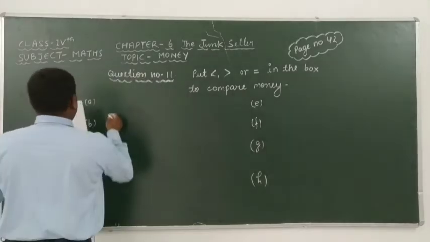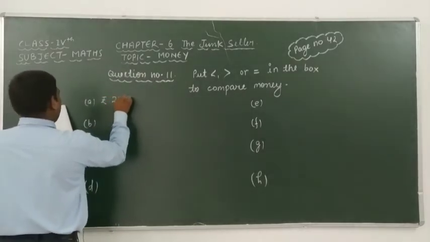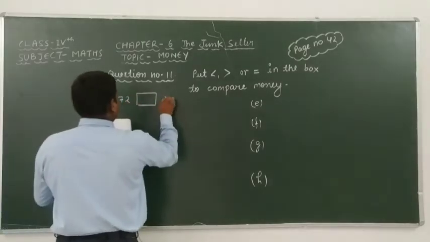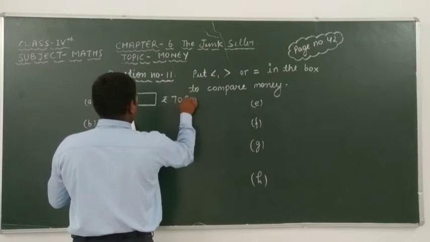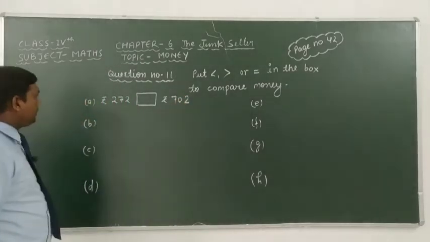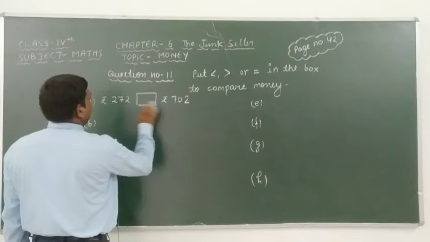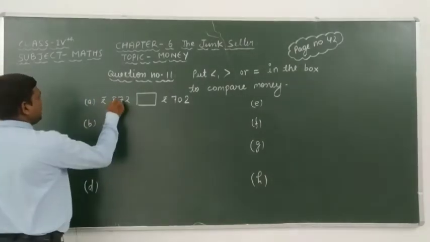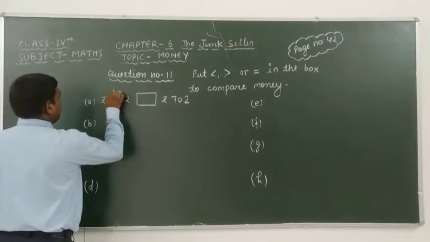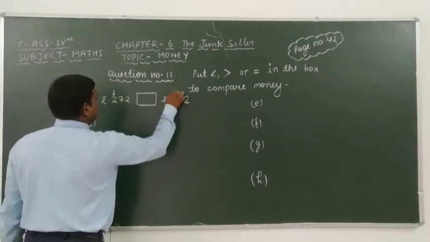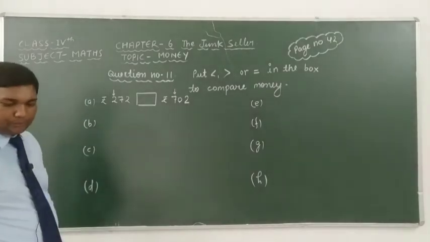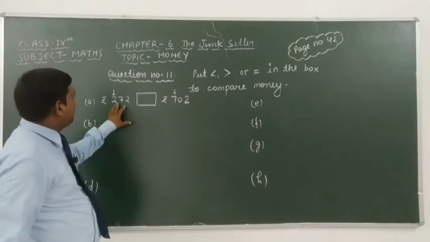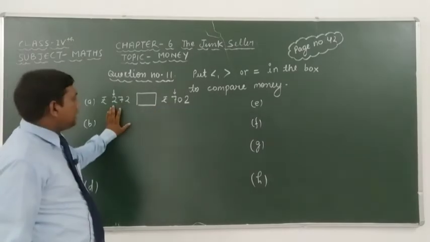Look, rupees 272 box rupees 702. Students, look at here carefully. In this, which is greater? Students, firstly we have to check the hundreds place of the number, which is greater.